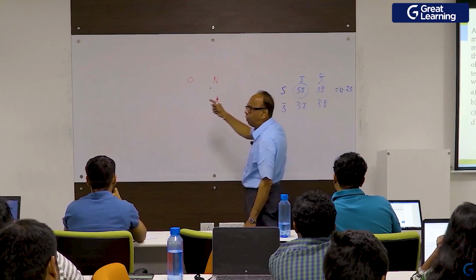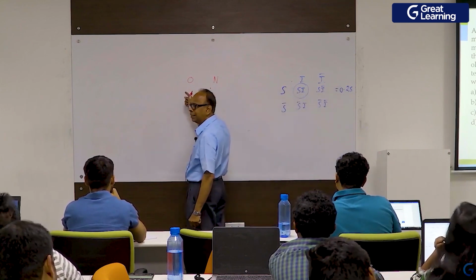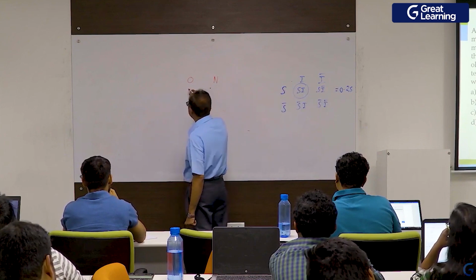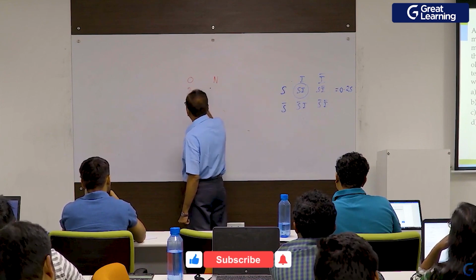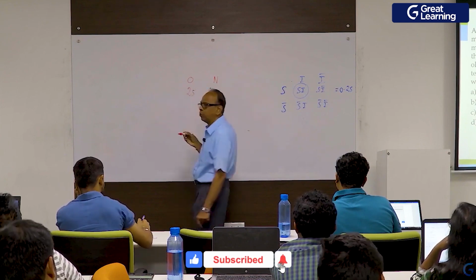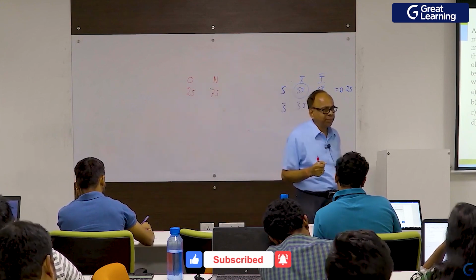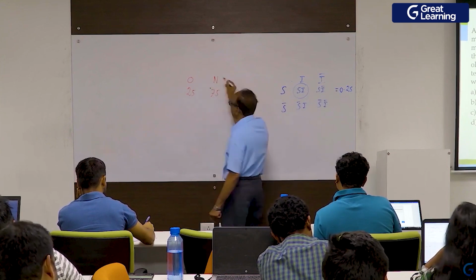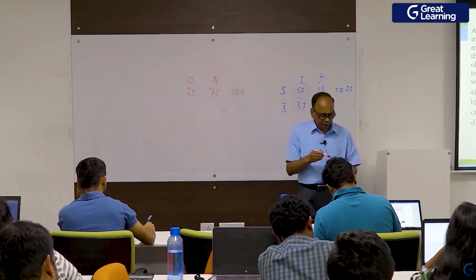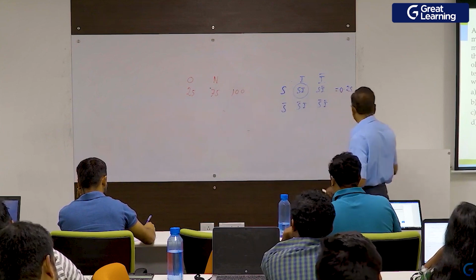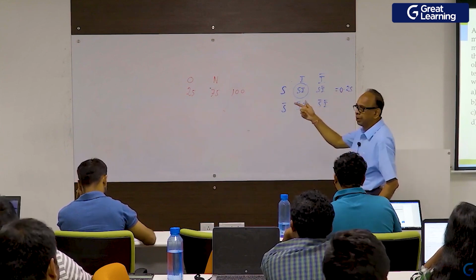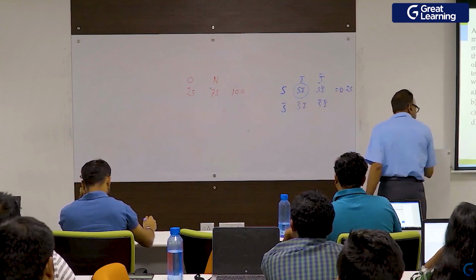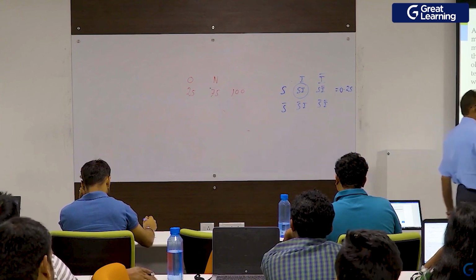The old machine is O, the new machine is N, and the total output, if the old machine is 25, the new machine is 75. It produces 3 times, that's what it says. Total output is 100, new plus old. Am I correct? Instead of O, I can have N bar, I can even put it this way, as an association, so that it is clear to you.